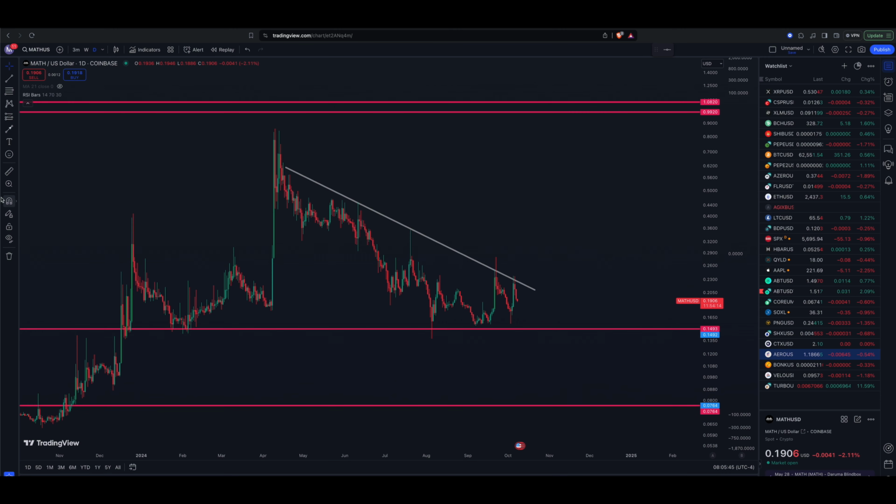So that's that. Couple key takeaways here. Keep your eye on this overhead resistance line, this downward trend line, basically a 45 or so degree angle. If we get a strong break above it and we close above it, that's when things could get exciting. We saw 50 to 180% in 2 days here.